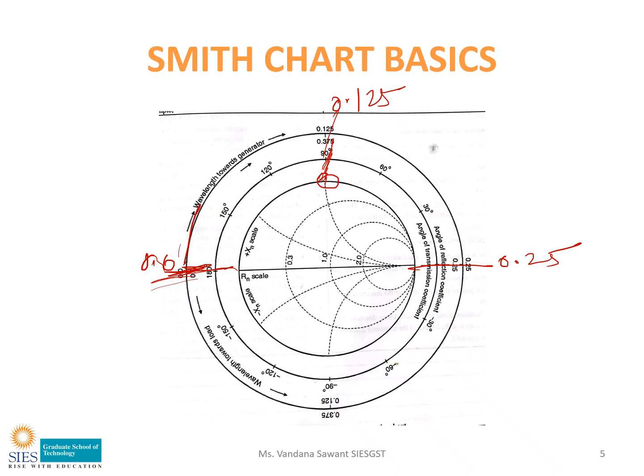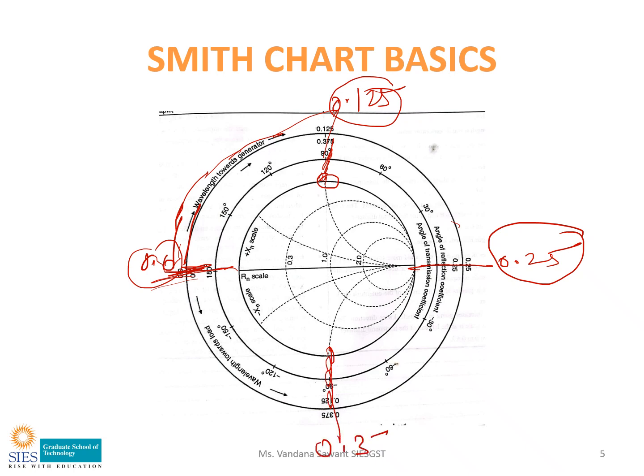Moving from left to right, on the left hand side 0.0 is written on that circle, on the right hand side 0.25, and at the 90-degree point, where k is equal to 1, it is written 0.125. The point j equals minus 1 is written as 0.375.